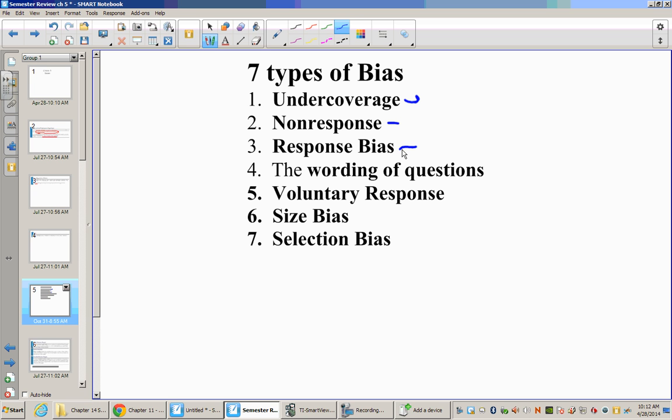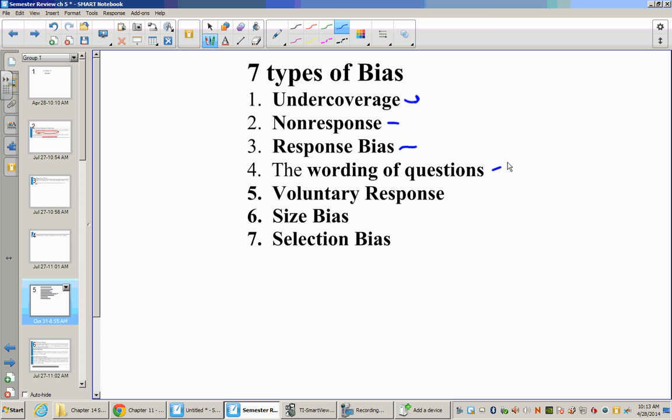Response bias, you can get a response bias if the interviewer does something that makes the person not want to be truthful or give the correct response. Maybe an interviewer is interviewing about political affiliation and they have a Democratic button on, that might change how the person responds to the questions.